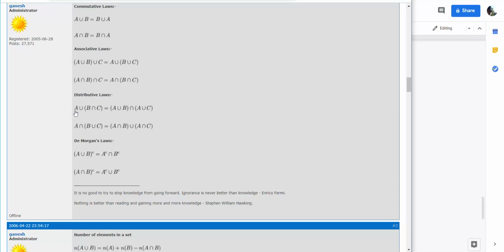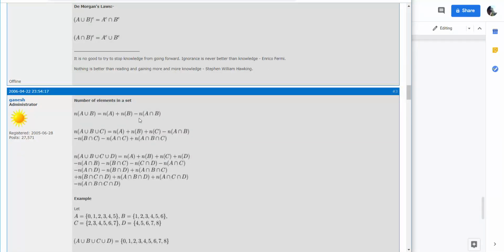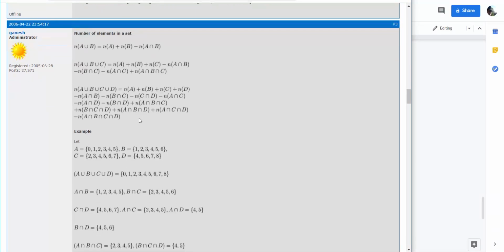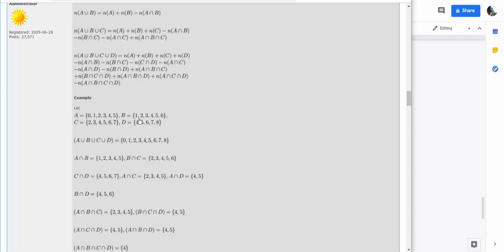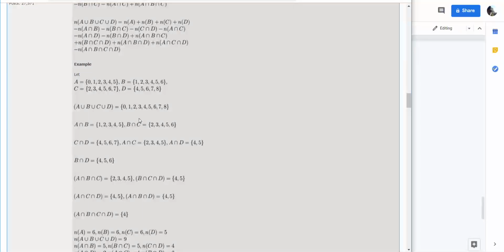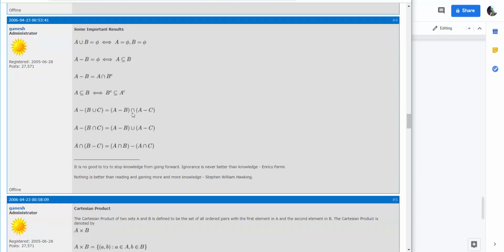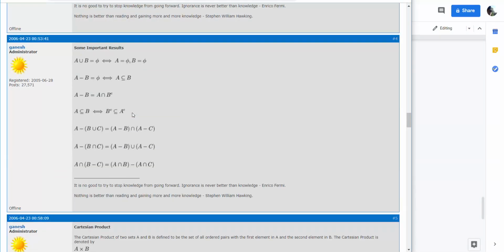In this case, you multiply in these brackets and the circular brackets. So A union B intersection with A union C, and then A intersection with B union A intersection with C. So these mathematical formulas for sets are really the deal behind all of these.